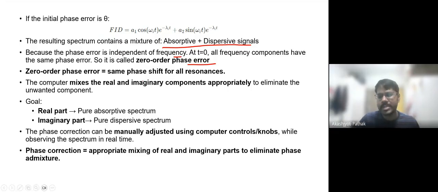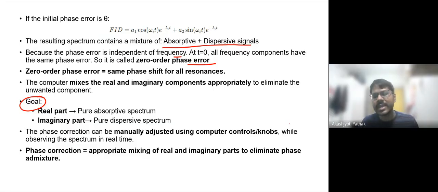The computer mixes the real and imaginary components appropriately to eliminate the unwanted components. So what is your goal? Your goal is that the real part should be purely absorptive and the imaginary part purely dispersive.